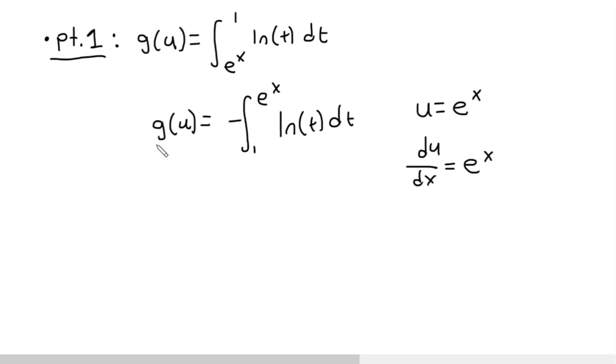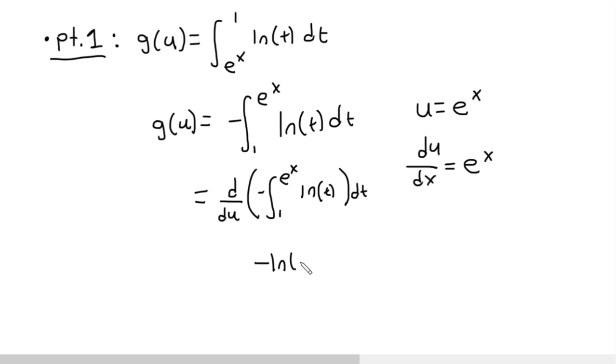Okay, so now we simply take the derivative with respect to u of negative the integral from 1 to e to the x of ln t dt. And all that happens here is that this becomes a negative ln u, and then you just multiply it by du dx. I should have written that du dx over there too.